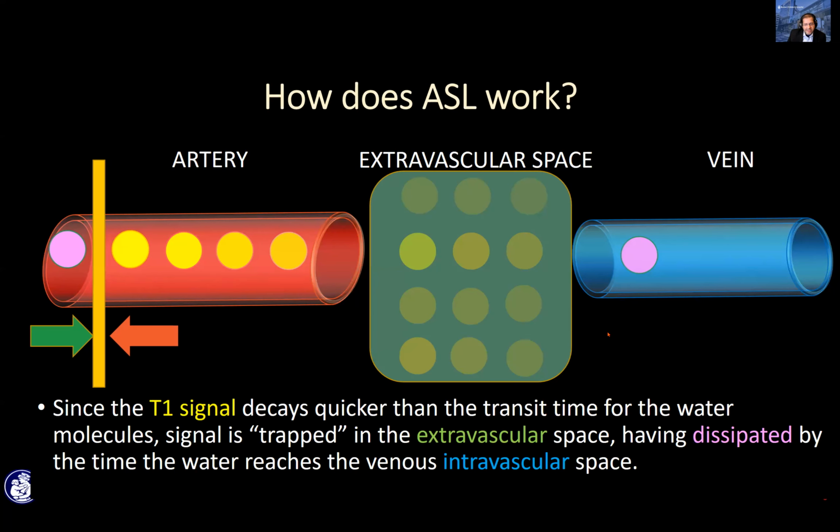Now, once that happens, the T1 signal decays quicker than the transit time, because obviously this is taking much longer to come out, rather than a couple of seconds where the T1 signal is going to be present. So signal is now trapped in the extravascular space, having dissipated by the time the water reaches the venous intravascular space. So at this point, when you measure it, there's some signal left behind here, but most of it is decayed.